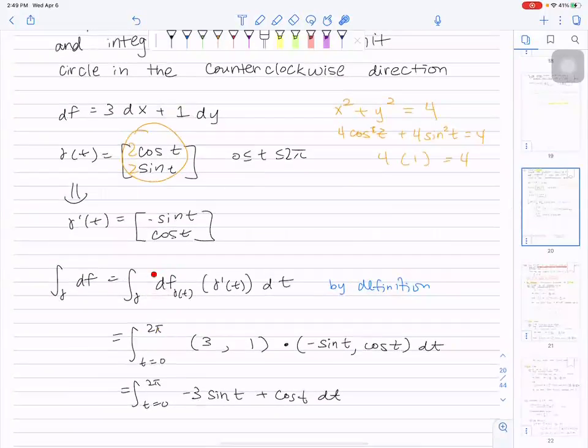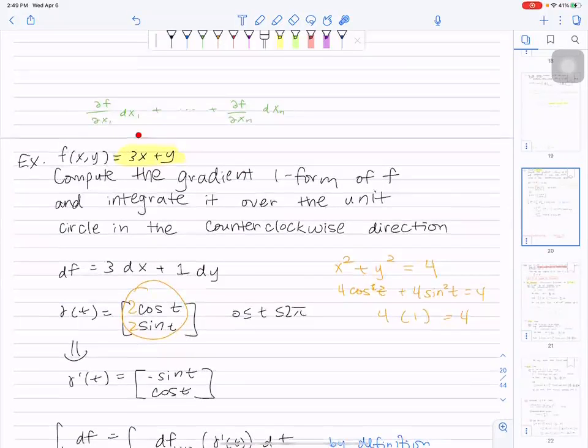You have df equals 3 dx plus 4 dy, and the original function was f equals 3x plus y. You said the derivative of the one form is what? Isn't that like a scalar function?